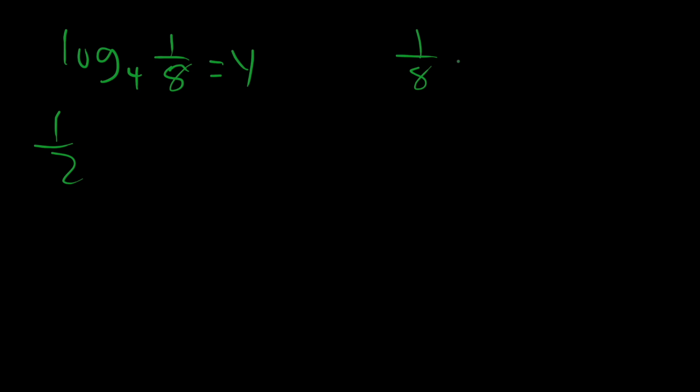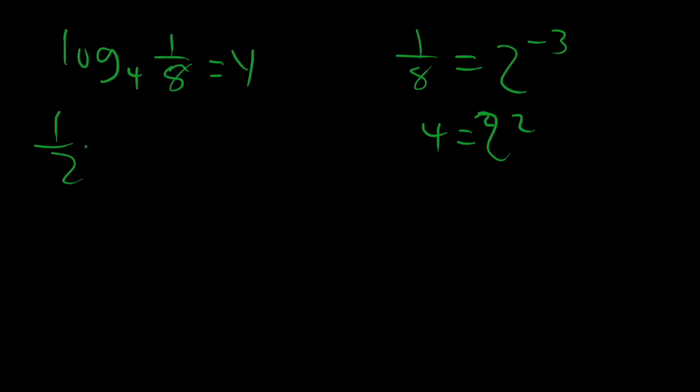Let's do another example. If log base 4 of 1 over 8 is equal to y, what is the value of y? So you can use the same method. So 1 over 8 is equal to 2 to the power of -3. 4 is equal to 2 squared.